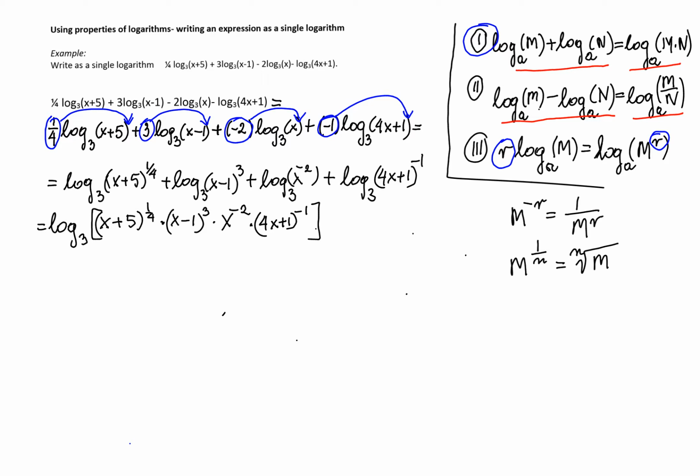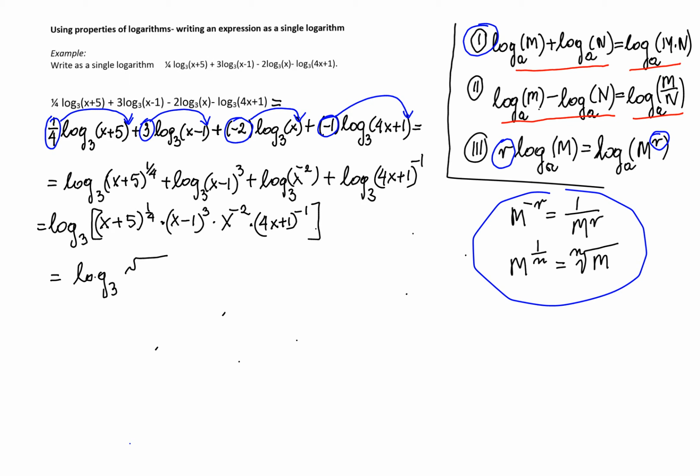We already managed to write our expression as a single logarithm, but this expression is not simplified because of the presence of negative exponents. So now we use the properties of exponents to rewrite it, so those negative exponents are not present. And therefore, we can write it as a logarithm to the base 3.